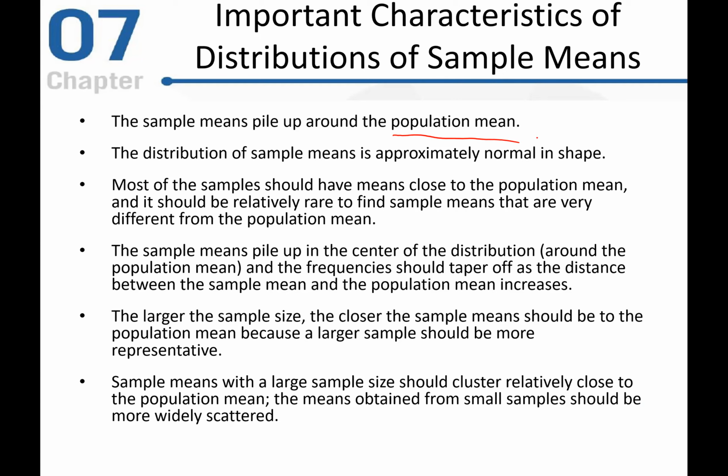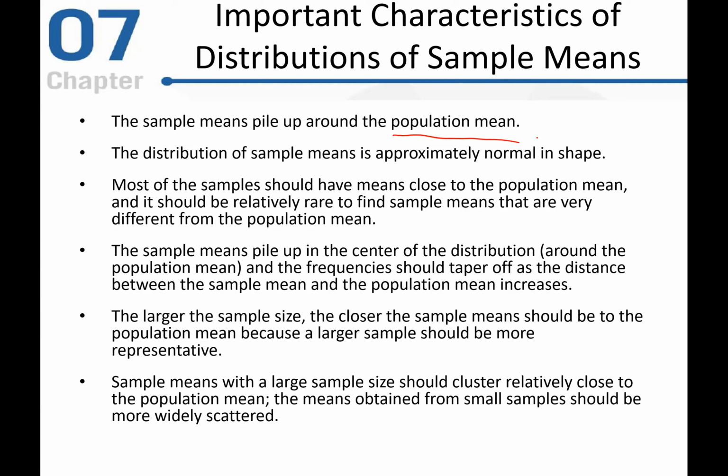Most of the samples should have means that are close to the population mean, and it should be relatively rare to find sample means that are very different from the population mean. So the sample means pile up in the center of the distribution around the population mean, and the frequencies should taper off as the distance between the sample mean and the population mean increases.